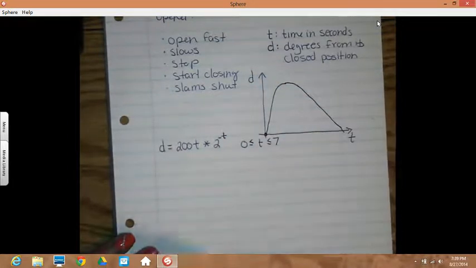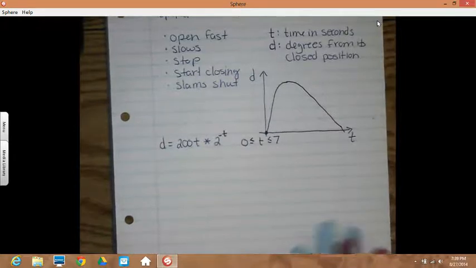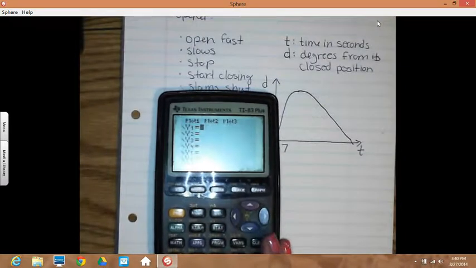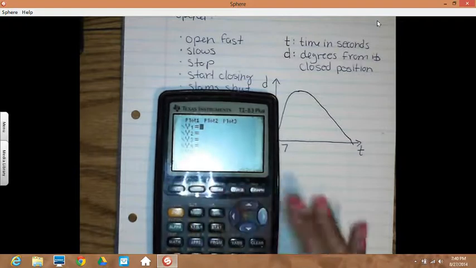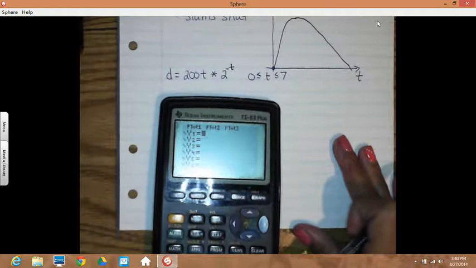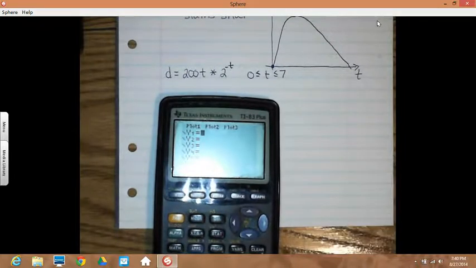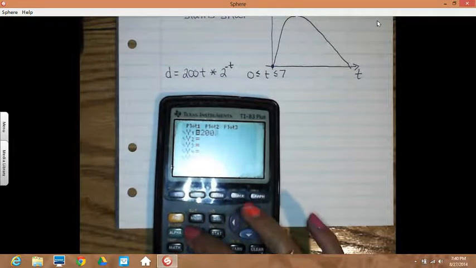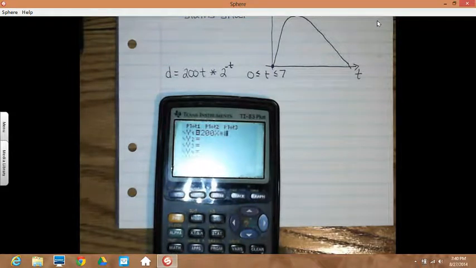Okay, let's graph this on our calculators. And you will get pretty good at this. So go to your y equals where your equations are at. And we'll type that one in: 200x times 2 raised to, in parentheses, negative x.